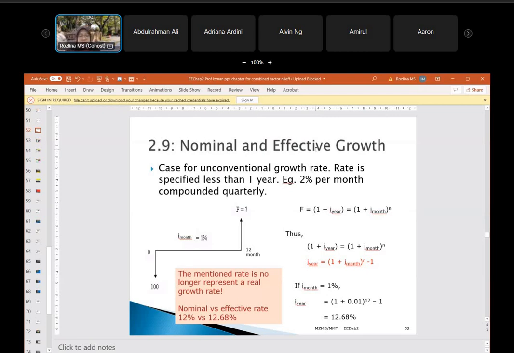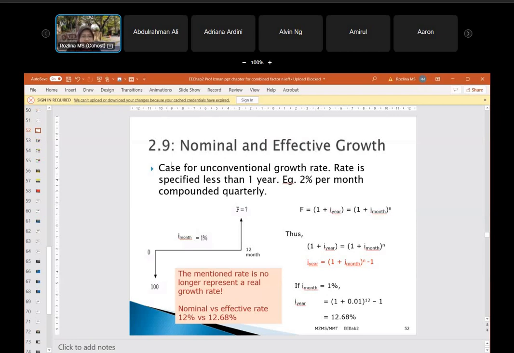But now it is not only the percent and compounding, but maybe we also have the percentage in the nominal rate, or it says less than 1 year.